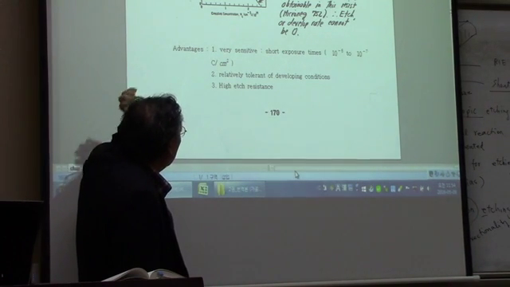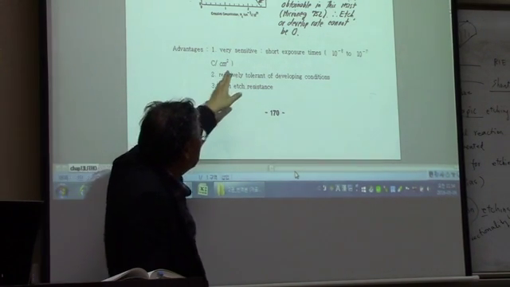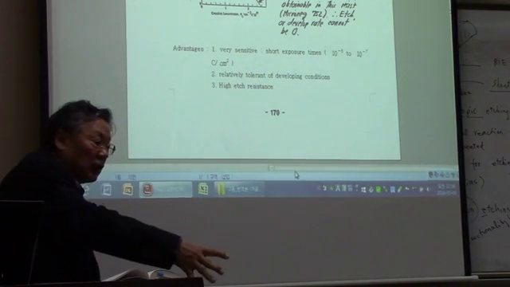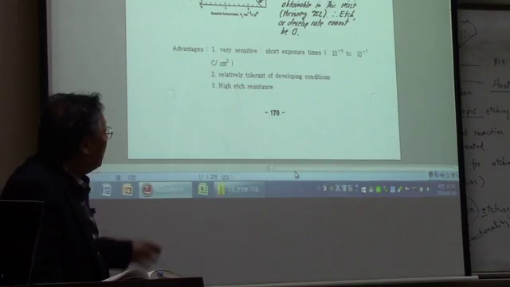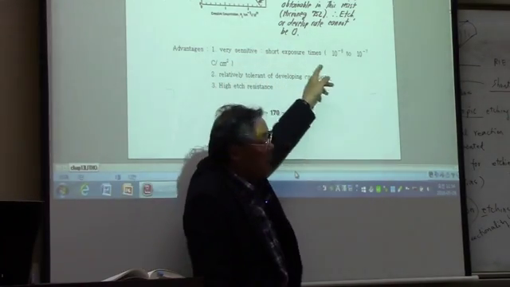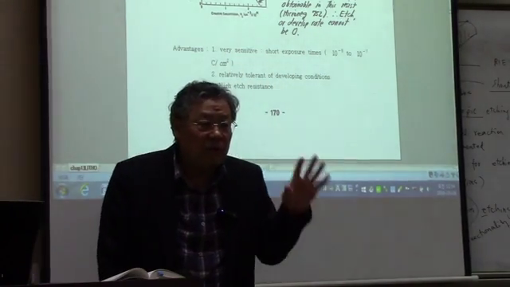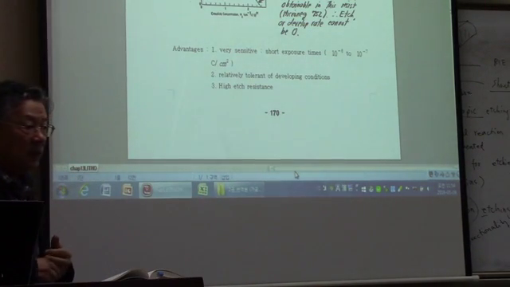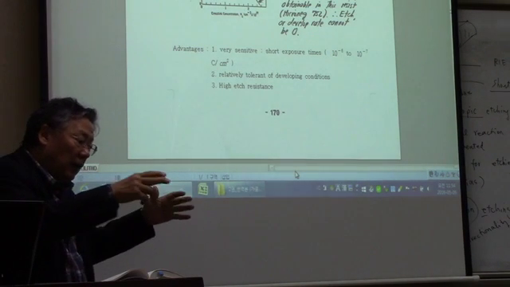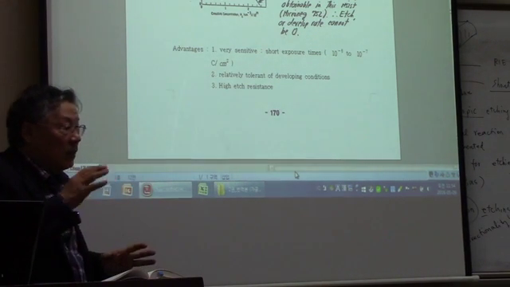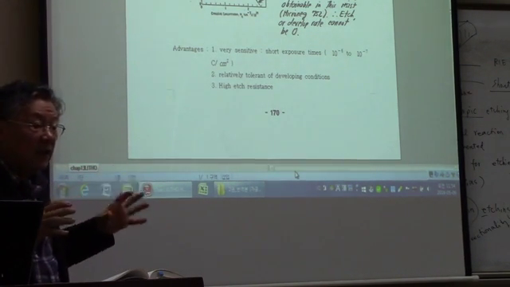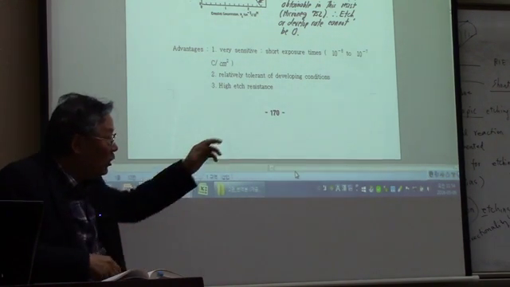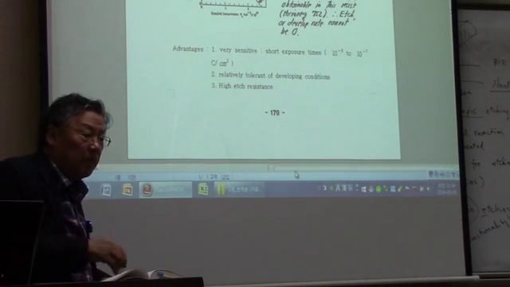The advantage of negative photoresist is it is very sensitive to the light, meaning you don't have to shine the light for a long time. And this exposure time is very important, very closely related to the throughput, because you typically have about 100 dies to be exposed with the light for each masking step.